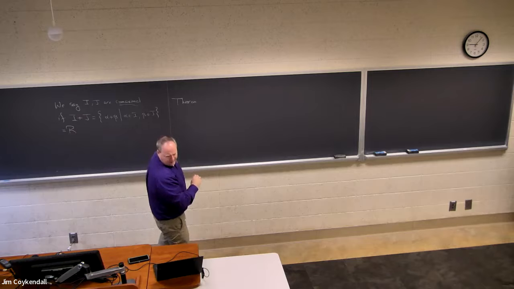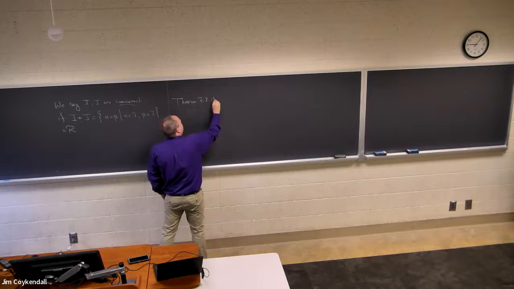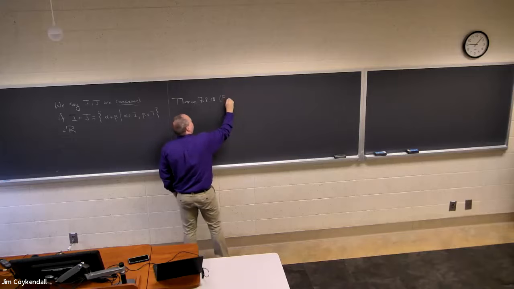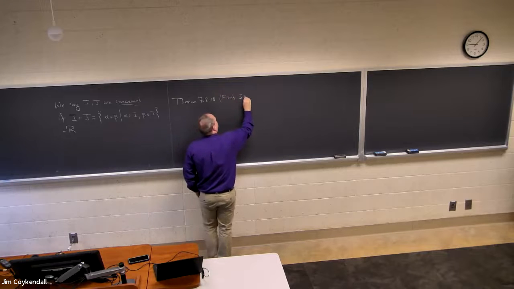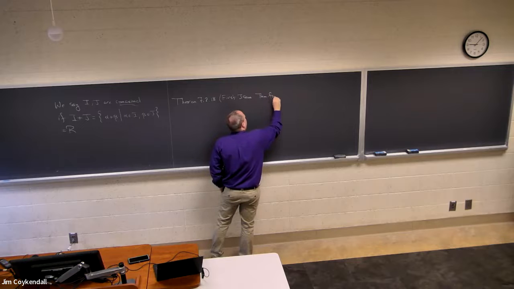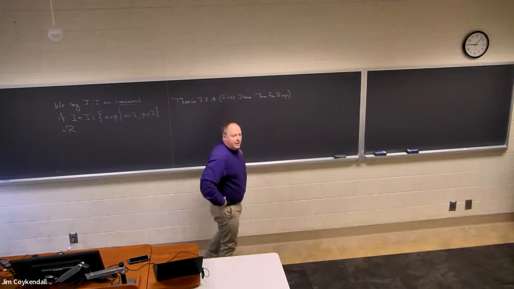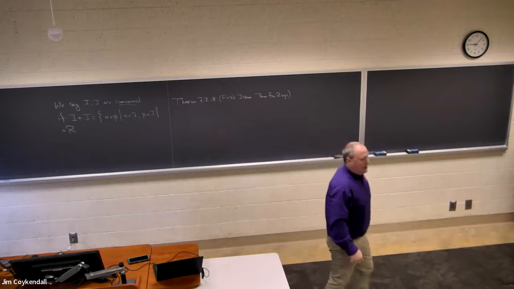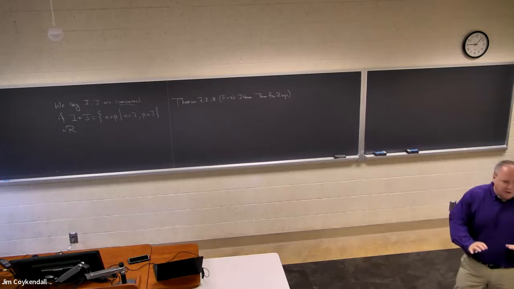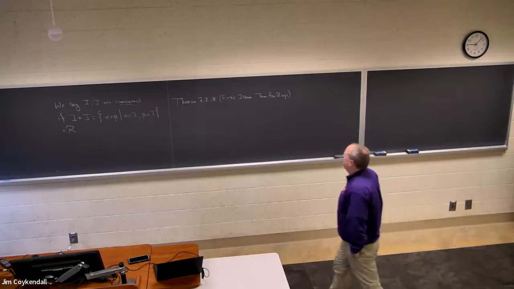Theorem 17.18, the First Isomorphism Theorem. Now here's a good thing about this kind of mathematics. This is going to look almost exactly like what the first isomorphism theorem proves.